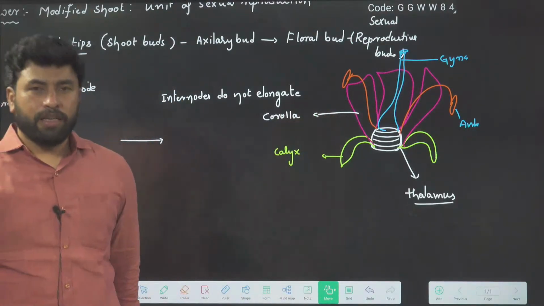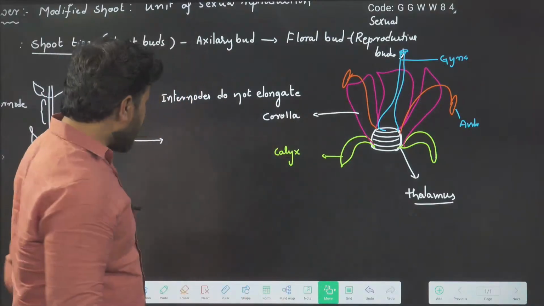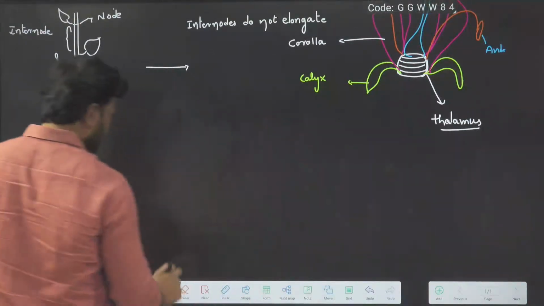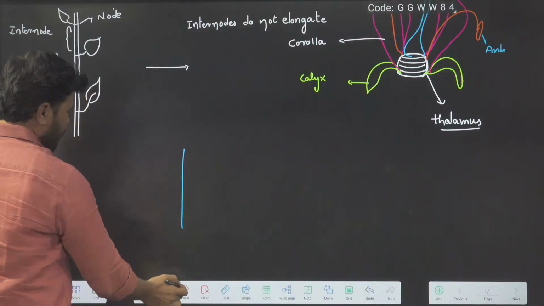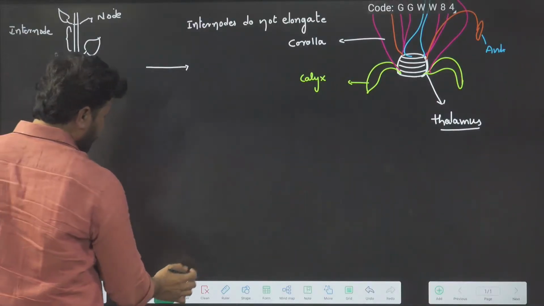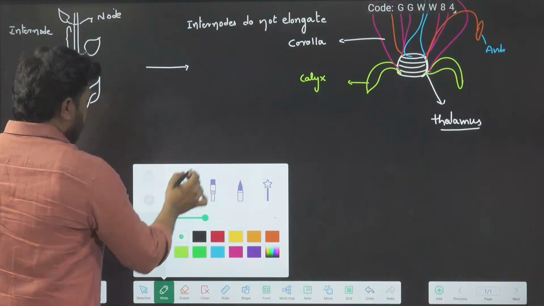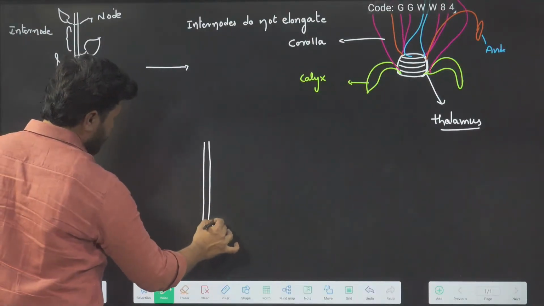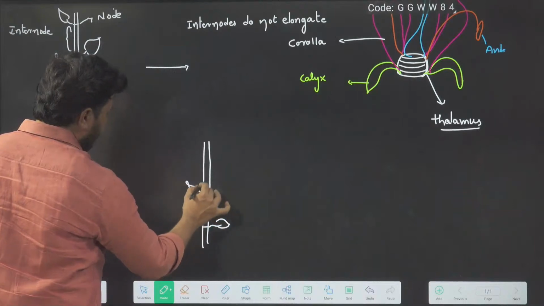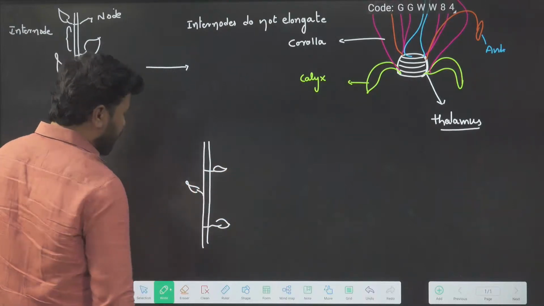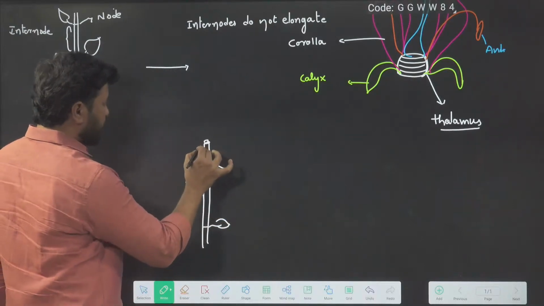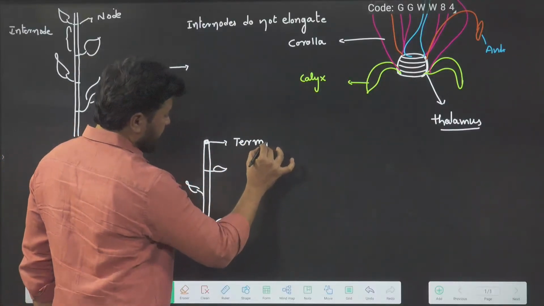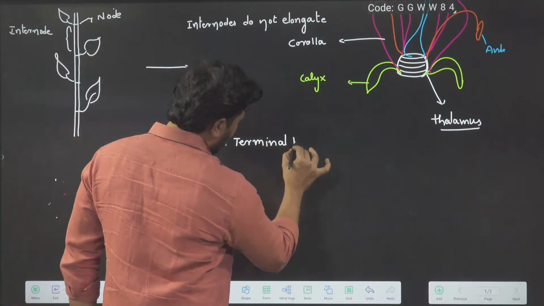Am I correct? Now, imagine you have a stem, on which many leaves have been produced, and finally the shoot tip, or we can call it the terminal bud.